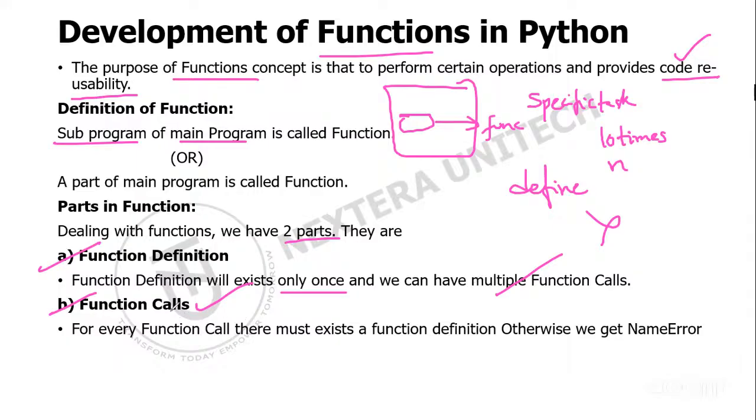So for every function call, there must exist a function definition. If you don't define it and try to call it, you'll get a name error, an exception. So how we have to define a function, how we have to call a function, let us understand, guys.